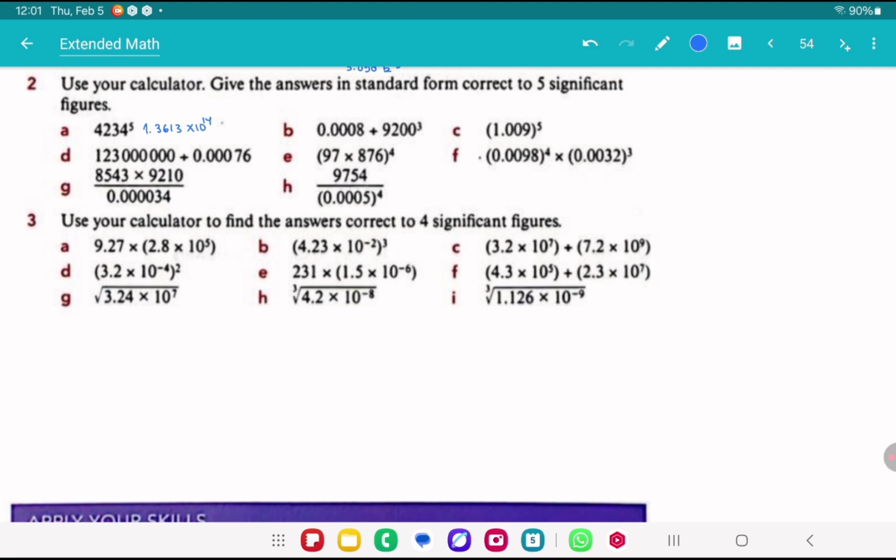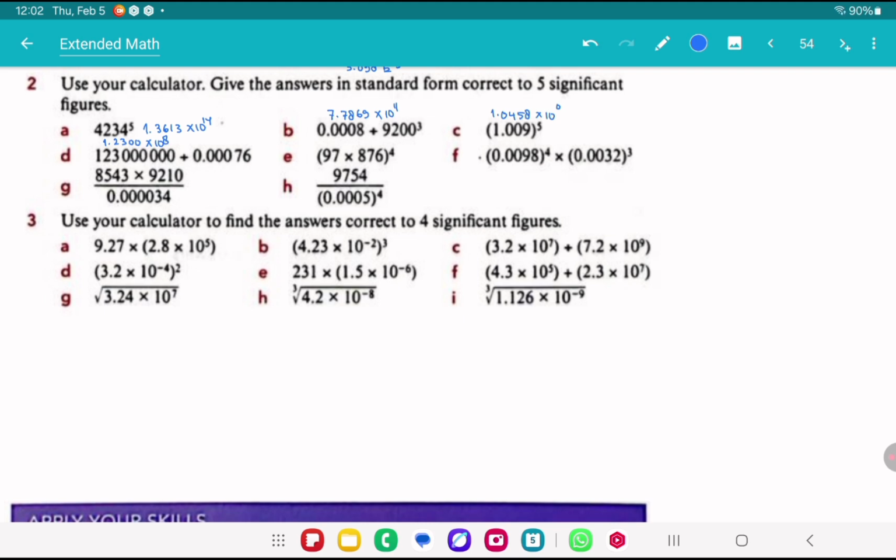For question B, we get 7.7869 multiplied by 10 to the power of 11. For question C, 1.0458 times 10 to the power of 0. And for question D, 1.2300 times 10 to the power of 8.